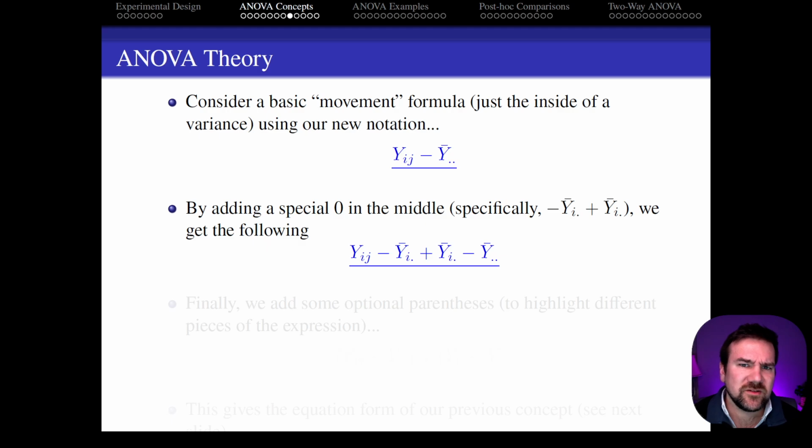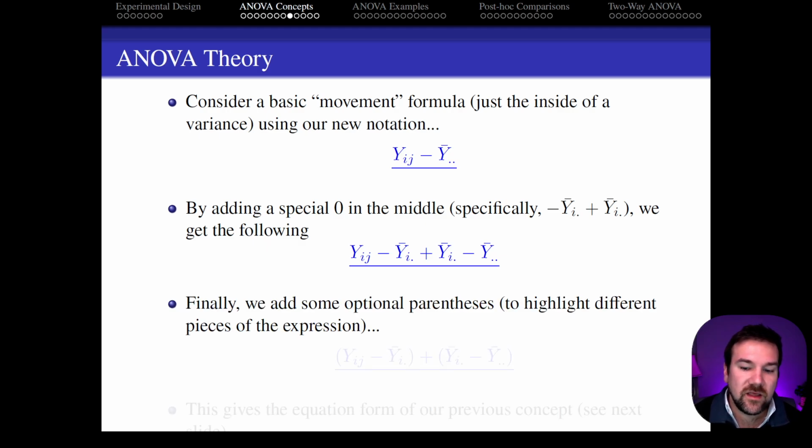So I'm adding a special 0 in the middle. What this is going to do is it's going to let me re-express this expression in a way that isolates the different components that go into that variance. So specifically, to highlight what we're talking about, I'll put parentheses around the beginning and end. Now, all of this is the same order of operations, so the parentheses doesn't matter here in terms of the math, but it does help to visualize what we're discussing.